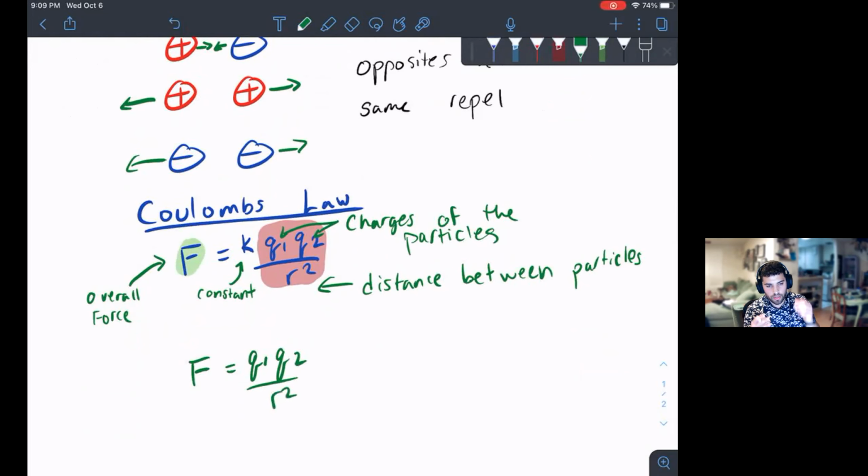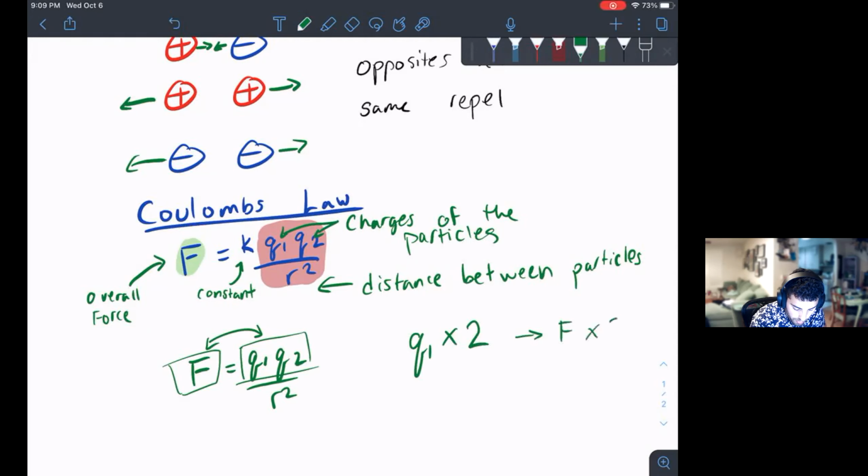If we just look at that part minus the constant, because it gets things confusing, we can see that these things are on the top and they're multiplied. So anything that happens to one of them will happen to the other, like in math. If I take Q1 and multiply it by 2, then the force will also be multiplied by 2. Basically, like any math equation, whatever you do on one side, you do on the other.